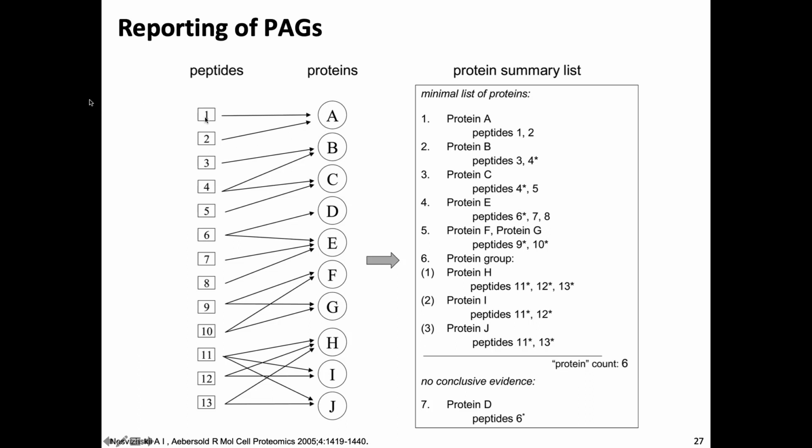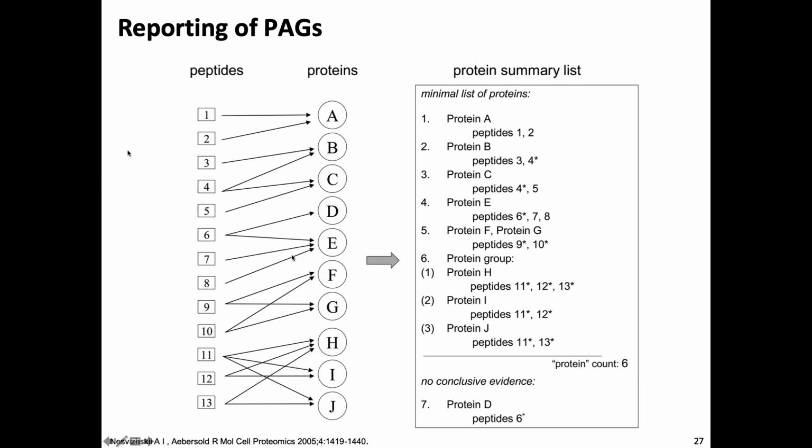Yeah, so peptide 1 is contained only in protein A. So if you observe that, we know that A should be there. But the same is for peptide 2, but peptide 4 comes either from A or from C.